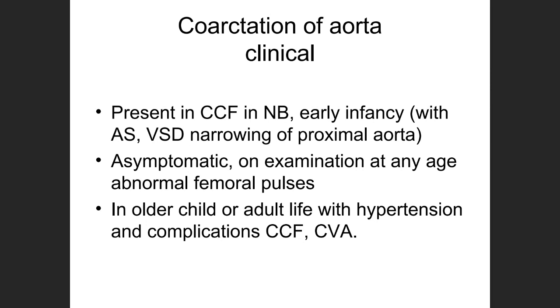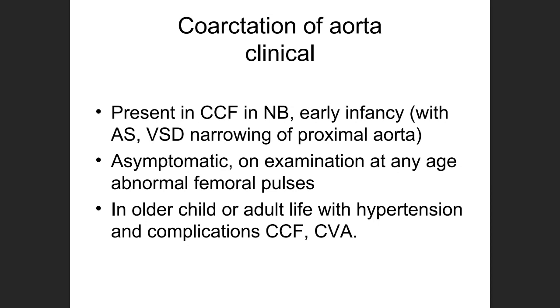The other presentation may be that the patient is entirely asymptomatic. But when you examine the patient at any age, you recognize that the femoral pulses are abnormal in that they're delayed or weakened or absent.